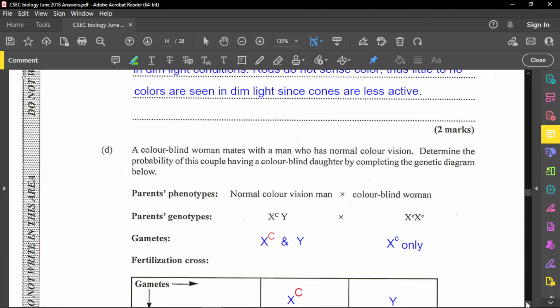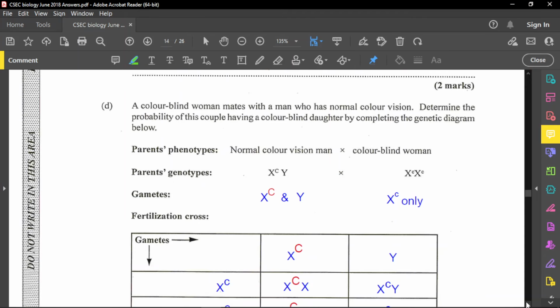For part D, it's a color-blind woman meets a man who has normal color vision. Determine the probability of this couple having a colorblind daughter by completing a genetic diagram below. And so they gave us the parental phenotype. The man has normal vision, and the woman here is colorblind. And notice the genotype.